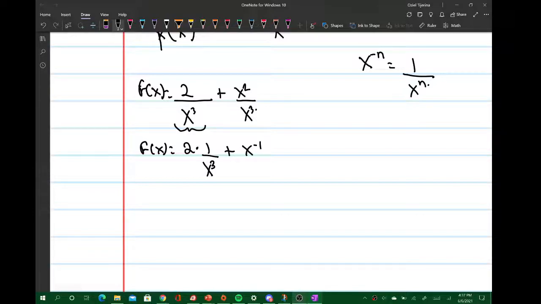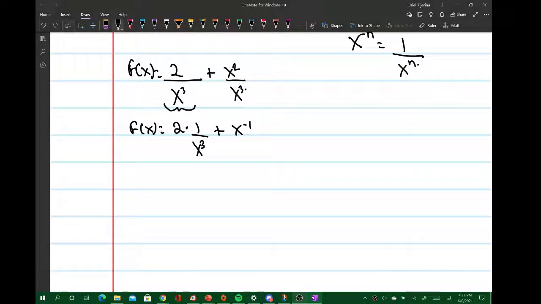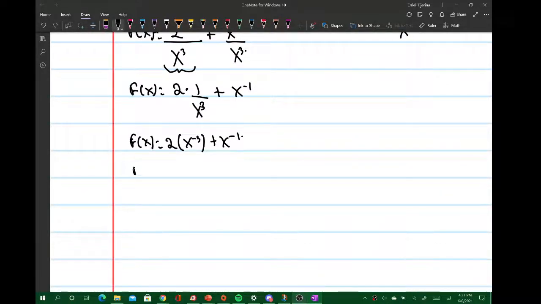You don't even have to do it as a fraction here. Okay? You use laws of exponents here. So 1 over x cubed is just really x to the negative 3. So f of x equals 2x to the negative 3 plus x to the negative 1.